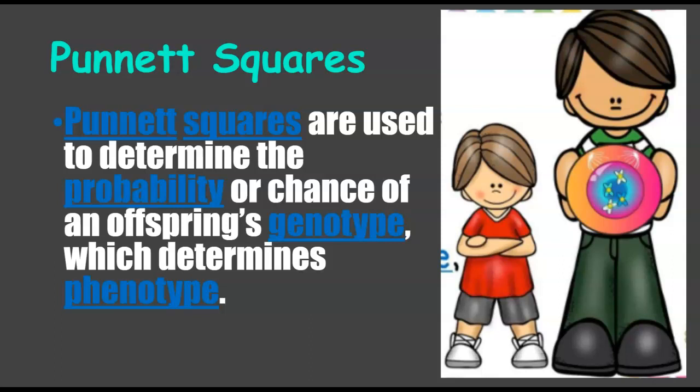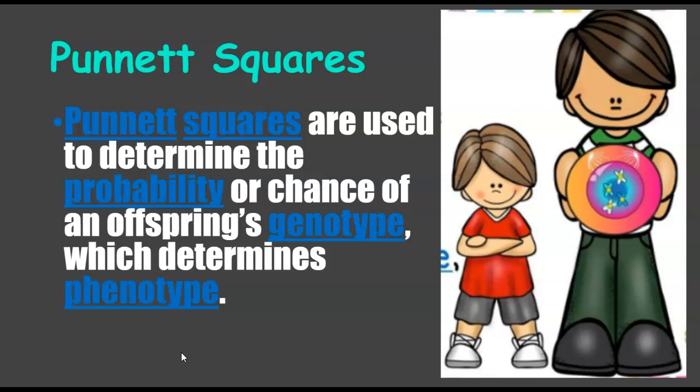Punnett Squares. So these things are really important. These things you're going to see a lot. They are used to show the probability or percentage, the chance of an offspring, what their genotype will look like, which determines their phenotype, what you actually see.